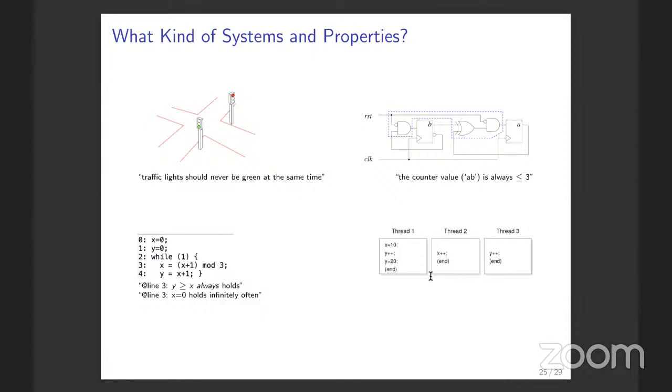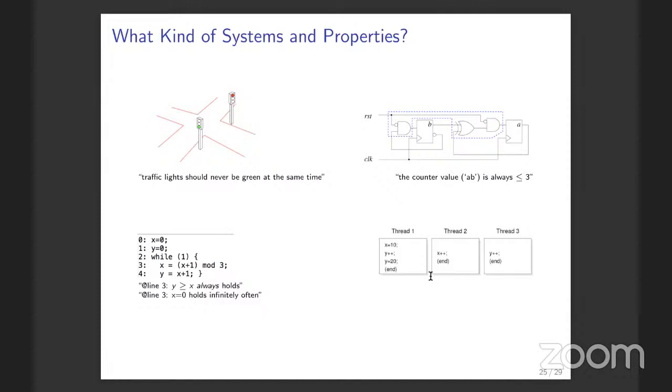So the answer would depend on the scheduling, the schedule that is used to schedule these processes in the 3 threads. Correct. That's what you meant. So give me one possible value.